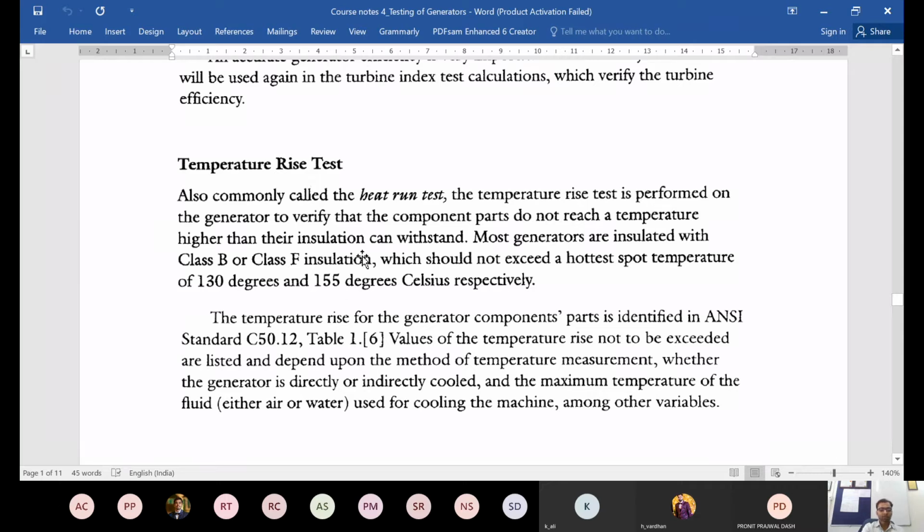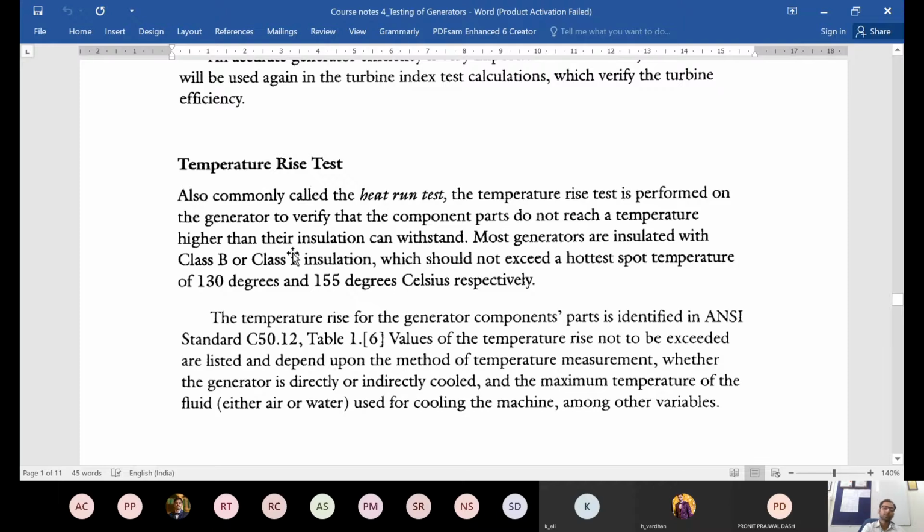As we discussed earlier during the conceptual discussion, there are these four classes of insulation, usually A, B, F and H, and depending upon which class of insulation is deployed, there is a maximum temperature which the insulation can tolerate. Class A is the lowest one, having the least temperature tolerance, and class H is the highest.